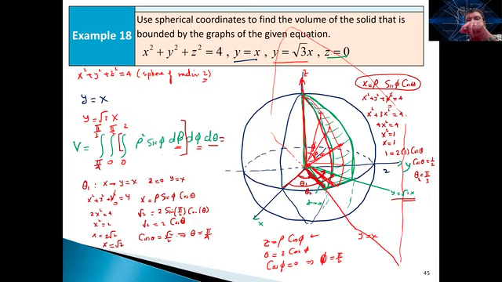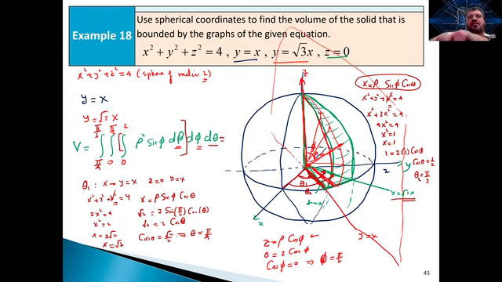So if you want, we can take this one to the other level. So this is equal to the integration of theta from pi over 4 to pi over 3, and phi from 0 to pi over 2, for rho squared. The integration of rho squared is rho cubed over 3, times sine phi, and we know that rho is from 0 to 2, then d phi d theta.